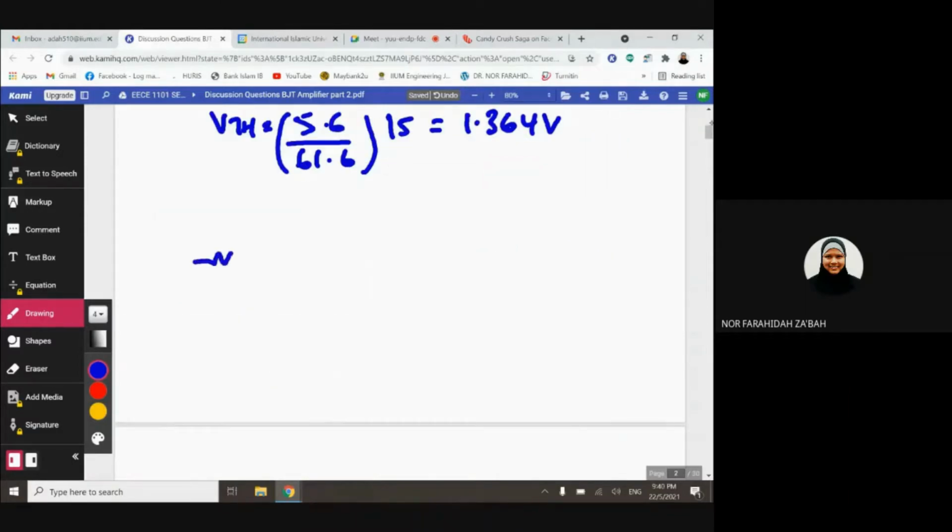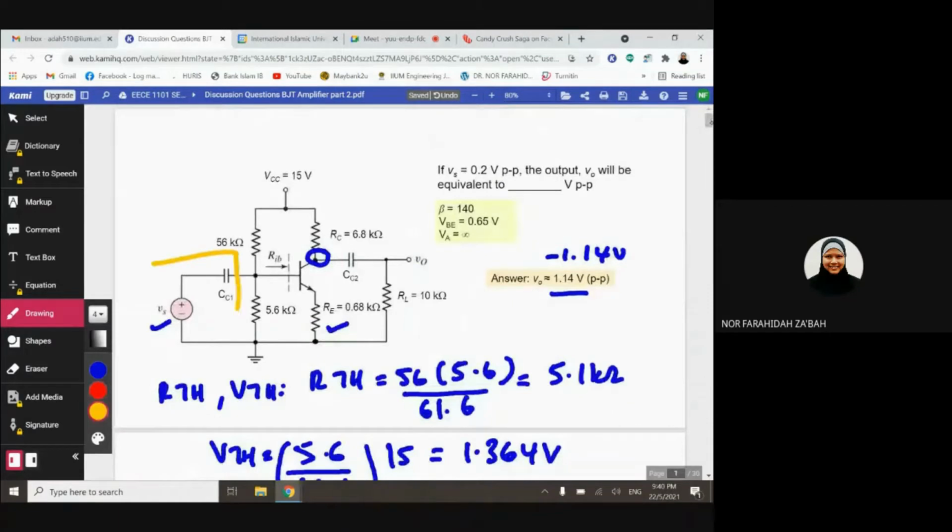Your circuit will be simplified as follows. At the moment, this will not be connected to your DC analysis because the coupling capacitor is open circuit during DC analysis.